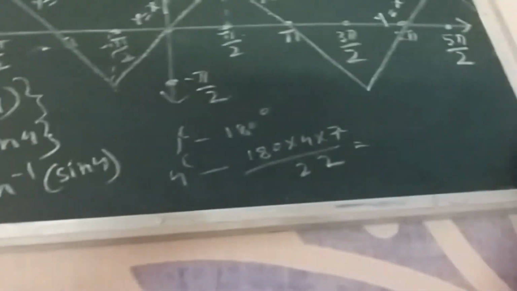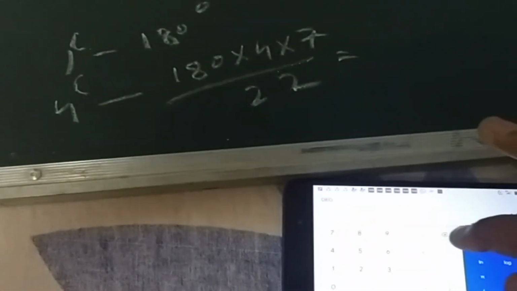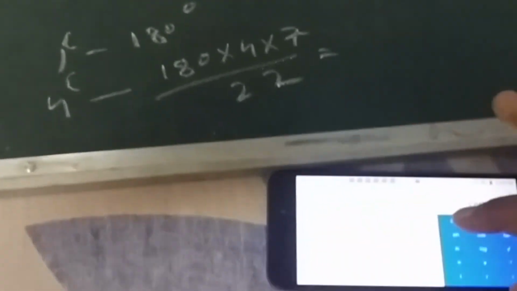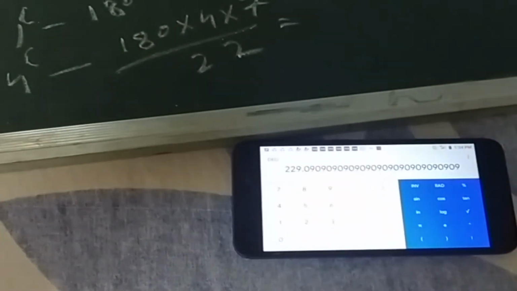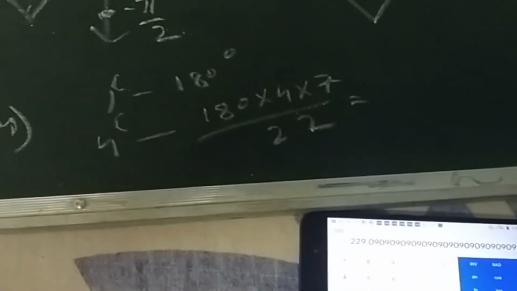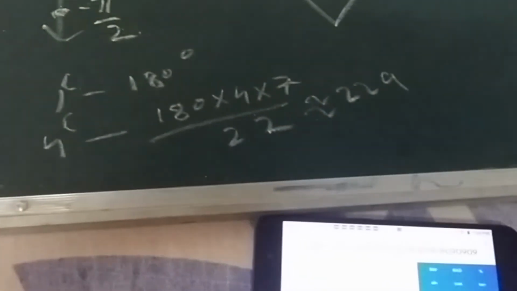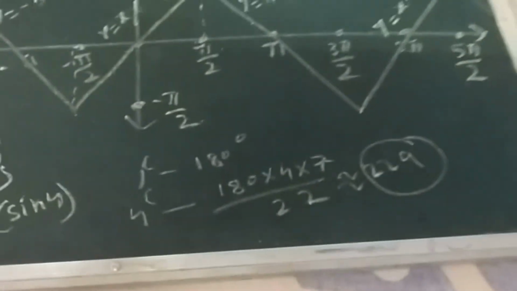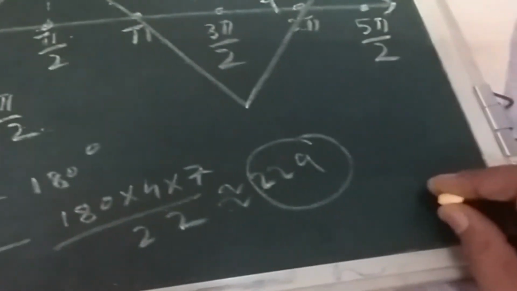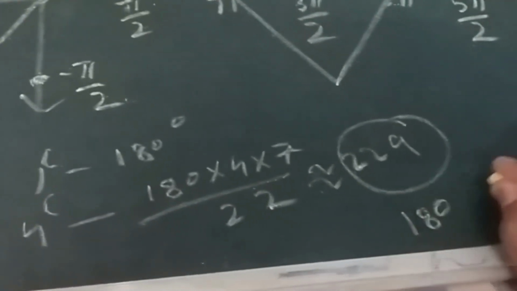Upon pi, 7 went up and 22 came down, so 180 into 28, that is 5040, divided by 22, so 229.0909, so it will be approximately 229 degree. Okay, 229 degree. Other calculation I am erasing, or here I can find out the angle. Look, 229 degree, it is between 180 degree to 270 degree.